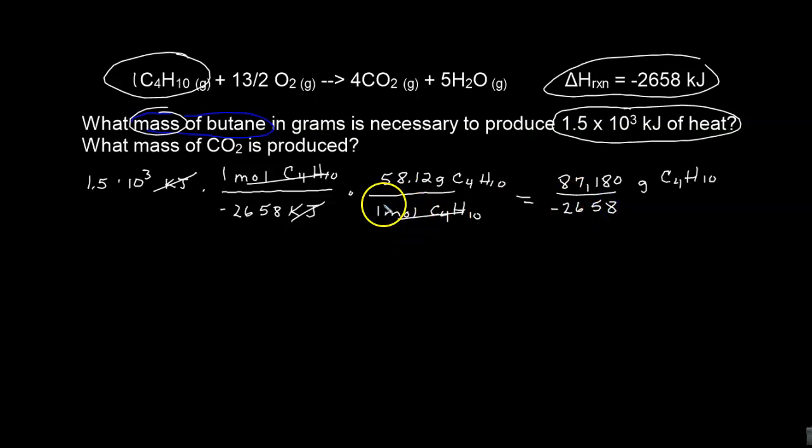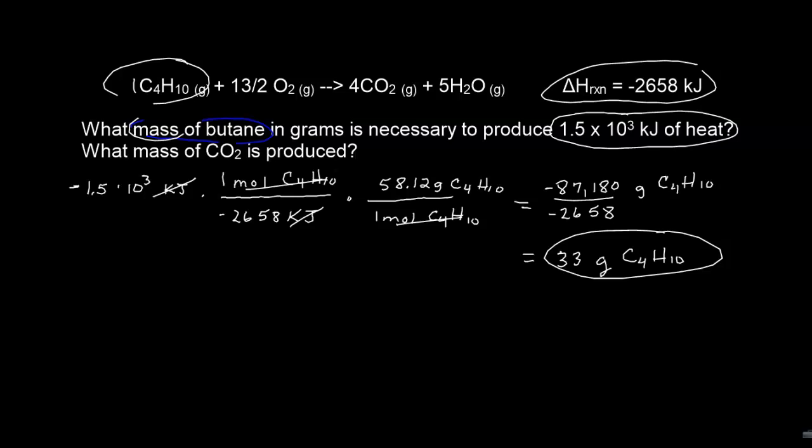Now one of the things about it is this is, when I'm looking at the negative that is in there, this is necessary to produce. If I'm producing, remember, that is also negative. So we can get some negatives in there because we know our mass is not going to be a negative value. Divide that out, and it looks like I've also got 2 significant digits. So multiply it out, round it to 2 significant digits, and it looks to me like we're going to have 33 grams of butane that will be needed.